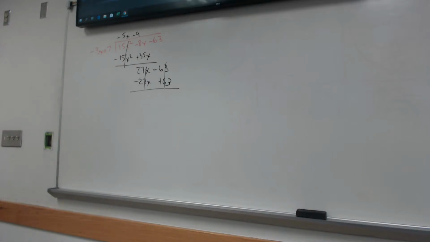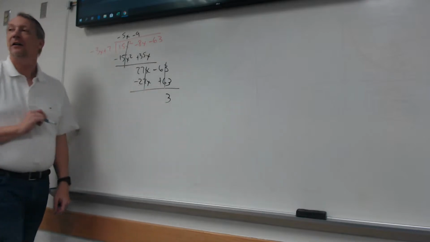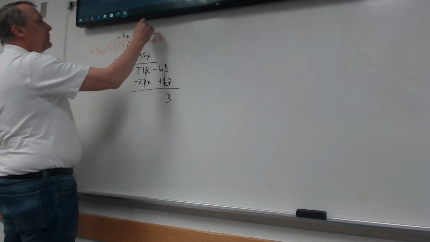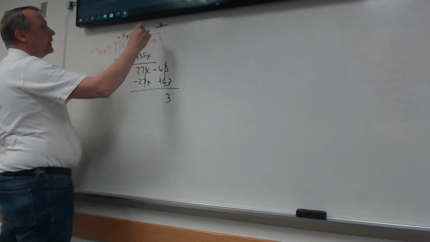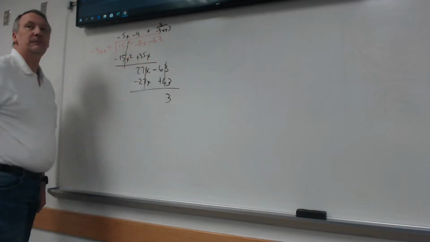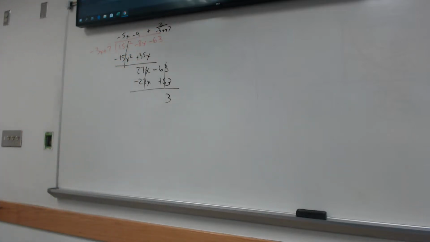And if it wasn't nice, if I had a 3 here, I would have plus remainder 3 over negative 3x plus 7. Okay? Did you get all of that? Okay. Any others?